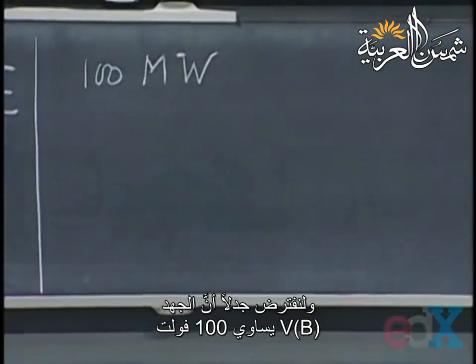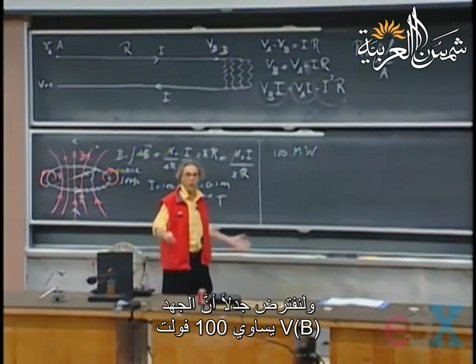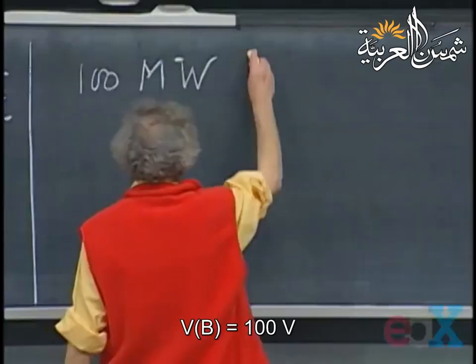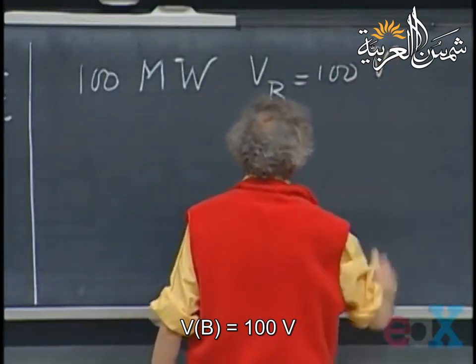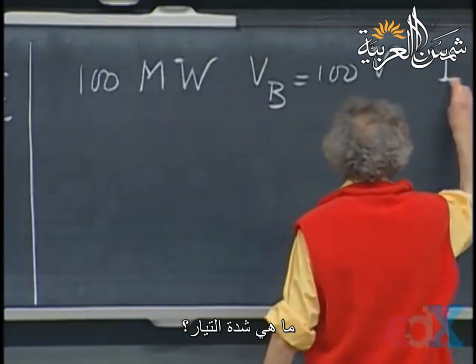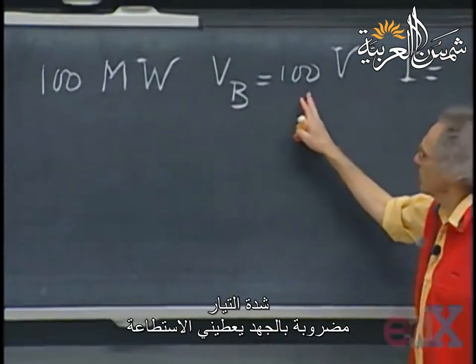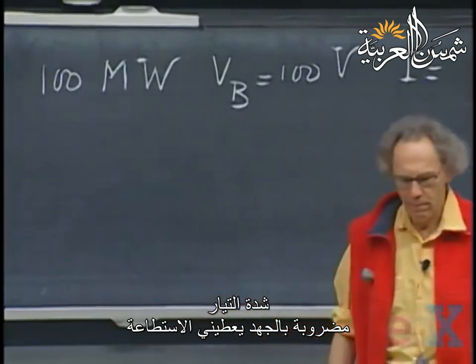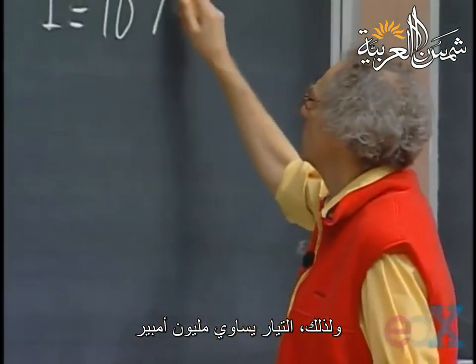And just for the sake of the argument, suppose at V_B, the potential is 100 volts. So V of B is 100 volts. What now is the current? Well, current times potential gives me power. And so my current is now 1,000,000 amperes.